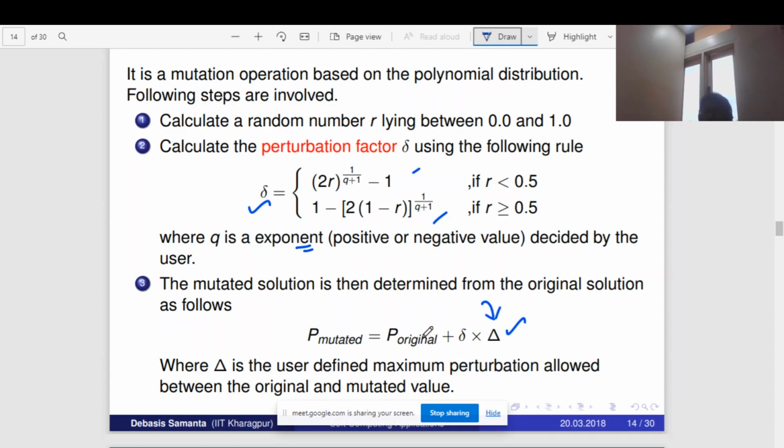There are two things the user should choose here: del and Q. And then R will be generated randomly. Based on the value of R, dow will be calculated either by using this equation or by using this equation. Once this is done, then the mutated string will be calculated like this: P mutated is equal to P original plus dow into del.